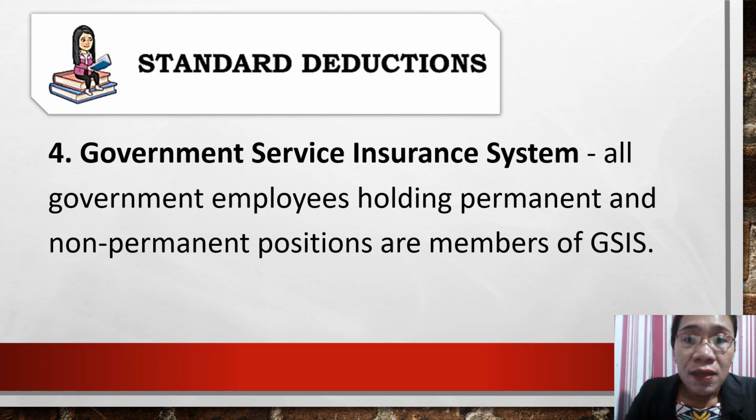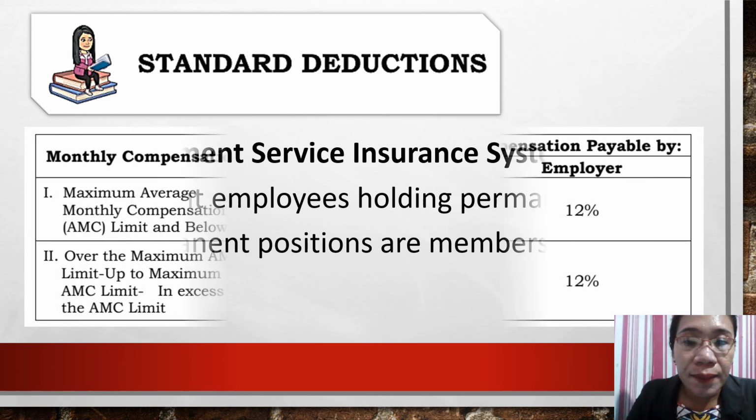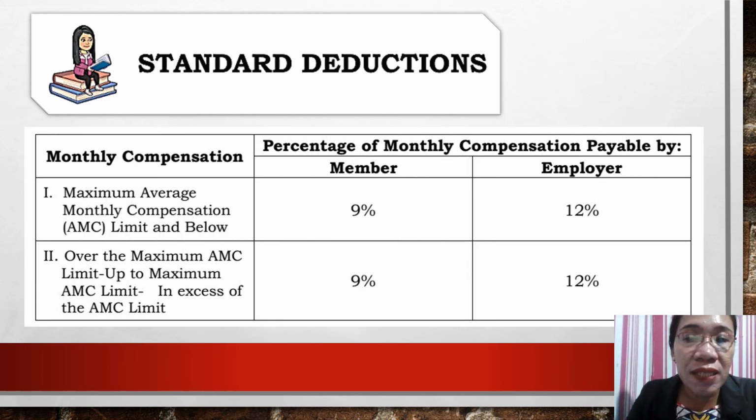Section 5 of Republic Act 8291 provides that it shall be mandatory for the member and the employer to pay the monthly contribution specified in the following schedules. I have here the schedule: the monthly compensation, the percentage, a member and the employer.